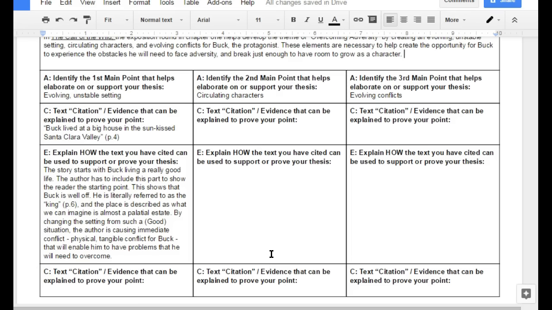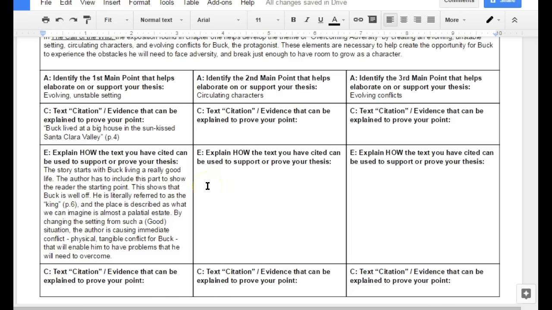Have dual screens for all I care. But this is a great way to be able to have me with you every time that you're working on an essay like this. You can bring this one back up for any other text-dependent analysis as well, because the process is always the same.